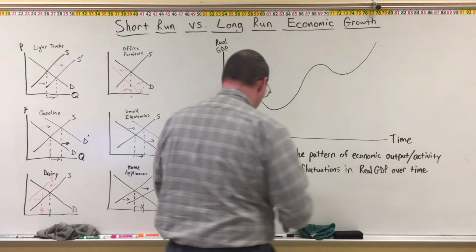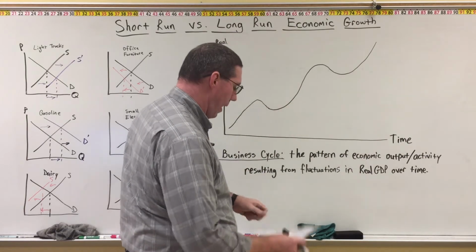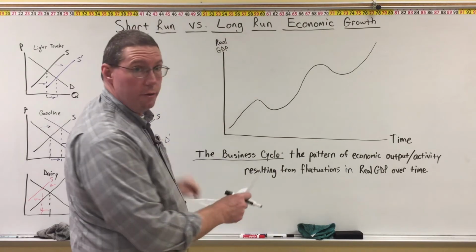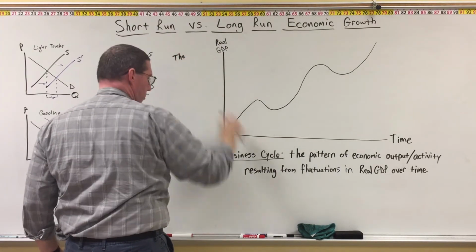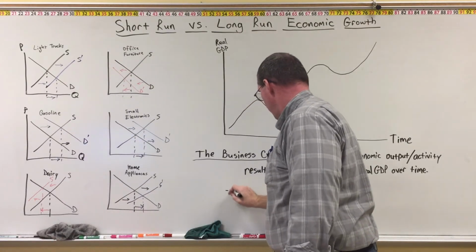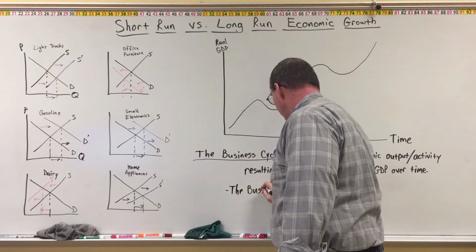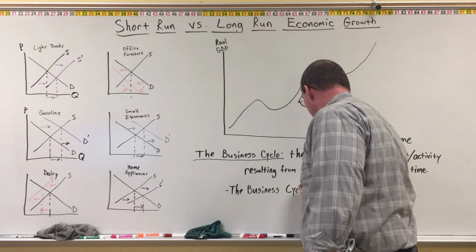And now, the idea here is that the business cycle, what you're looking at here, the business cycle is based on real GDP in the short run. Okay? So the business cycle, actually I'm going to write this down here. The business cycle is based on real GDP in the short run.